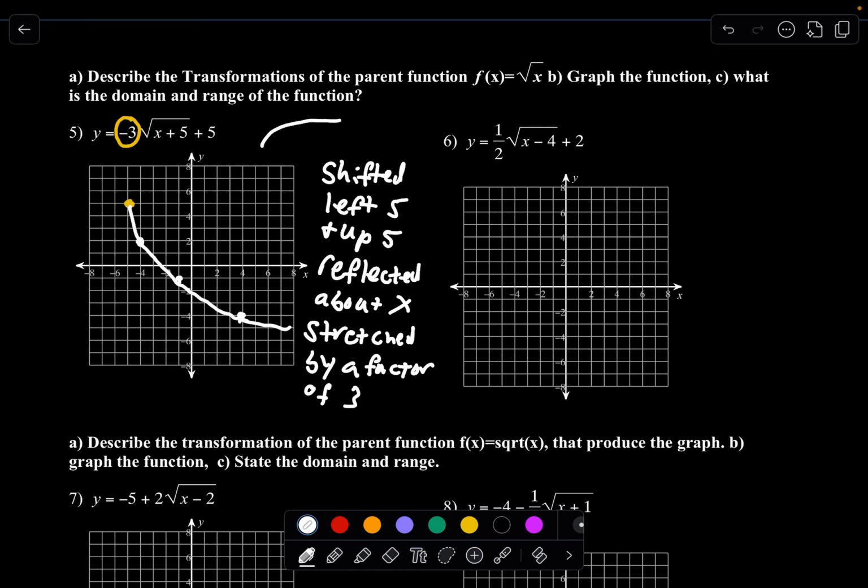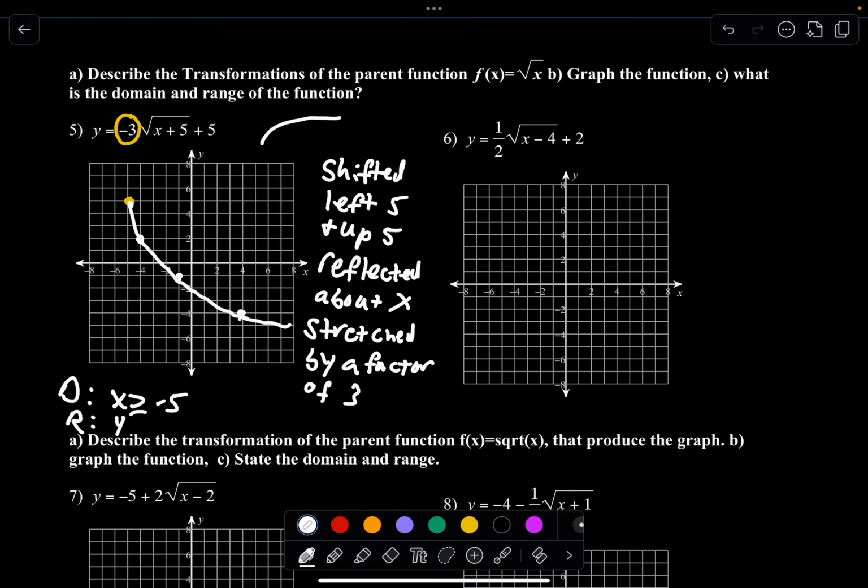The domain is restricted. It's all x greater than or equal to -5. The range, which is the y values, is again restricted. It starts here at 5 and the graph is below it. So y is less than or equal to 5. And there you go.